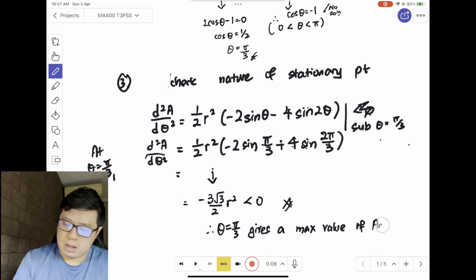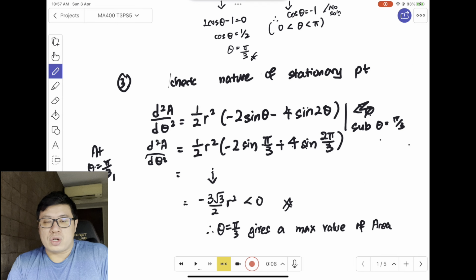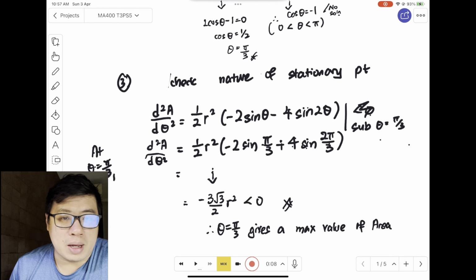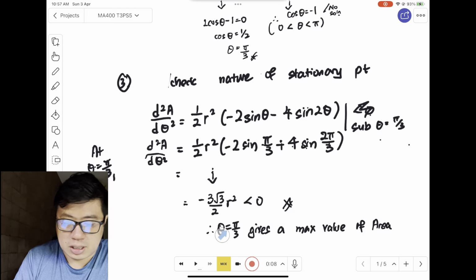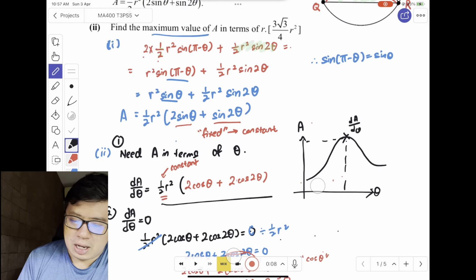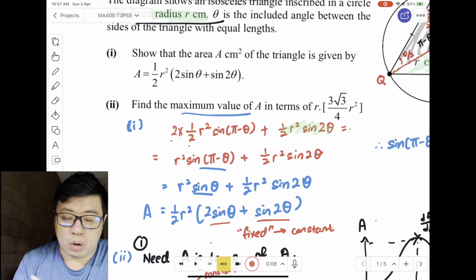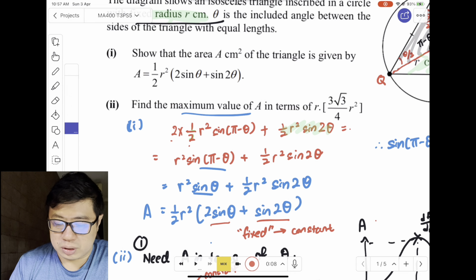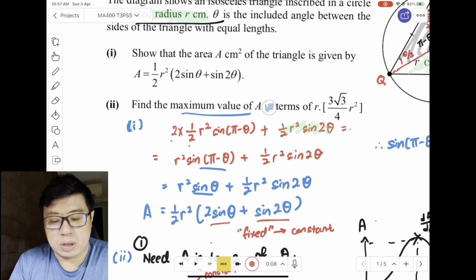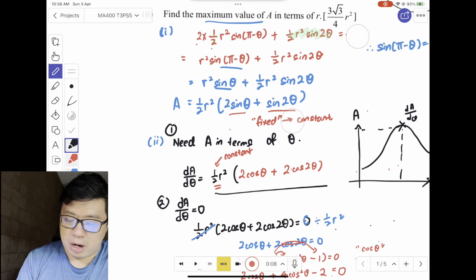Okay, so after that, have we answered the question? Now some questions will stop here, they will just ask you what's the theta, but in this case, if you look at the question, they ask you what's the maximum area. So it means that you need to do your due diligence to substitute the theta back into the area expression, right, to find the actual maximum area.